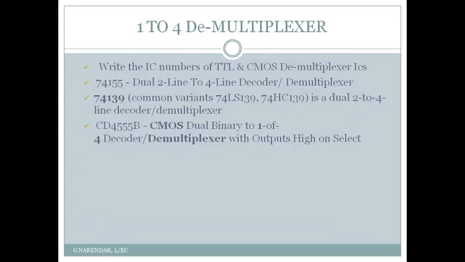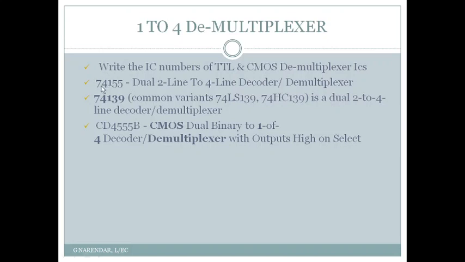Next we'll look at some of the important IC numbers from both the TTL and CMOS families of demultiplexer ICs. We have already stated that a decoder with enable input can be used as a demultiplexer. So we have ICs which can function both as decoder and demultiplexer depending on the connections.